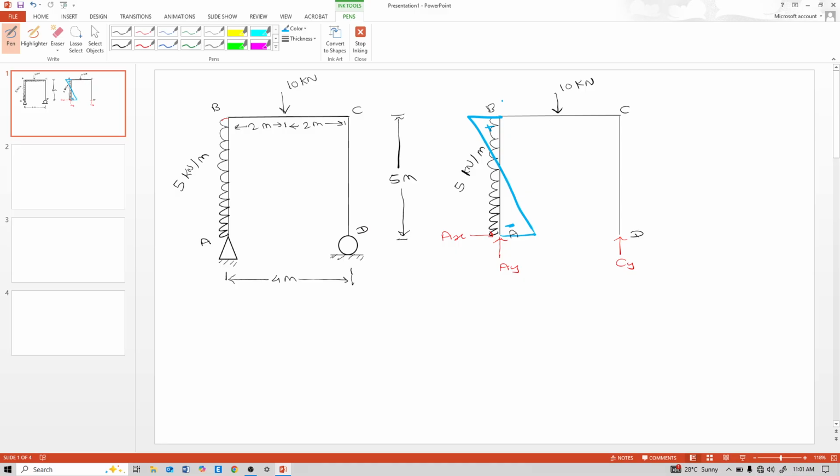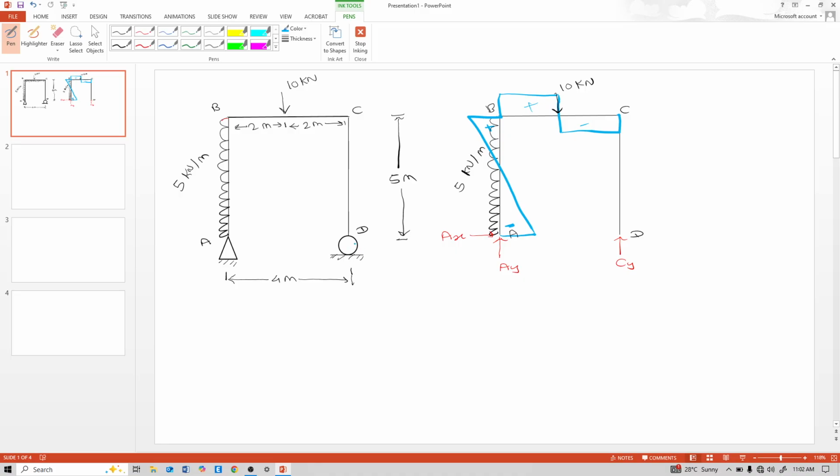See, at point B some shear generates. At the middle, due to this 10 kN, it drops down, and again here it is like this. As per my judgment, this is like this. We will see the exact value and exact shape later.